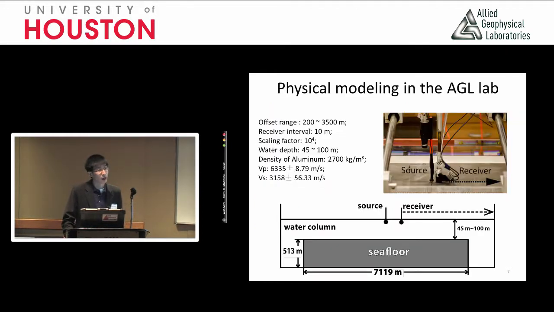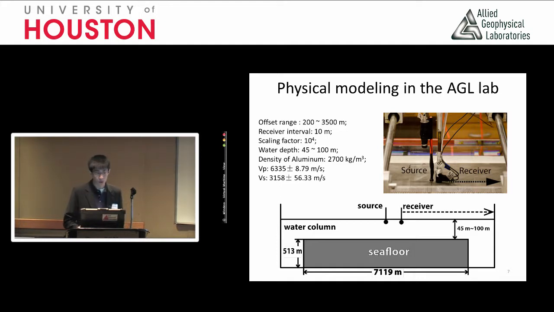And to test our thought, we acquire our guided wave in our physical modeling lab. We build this model. We use this aluminum block because it's pretty similar to the hard seafloor, such as basalt. And we use the spherical transducer as the source, and also this receiver moves away from the source.